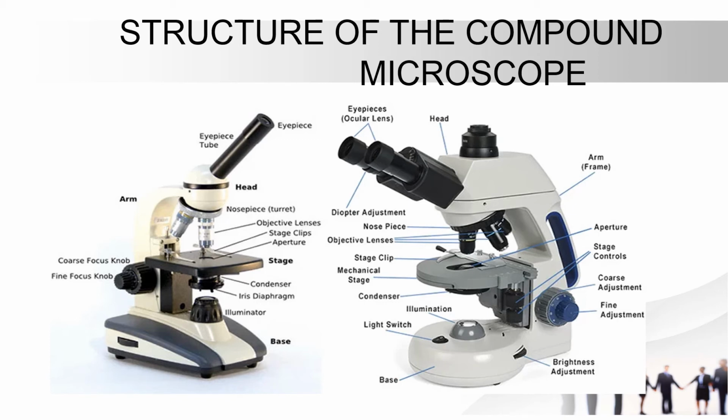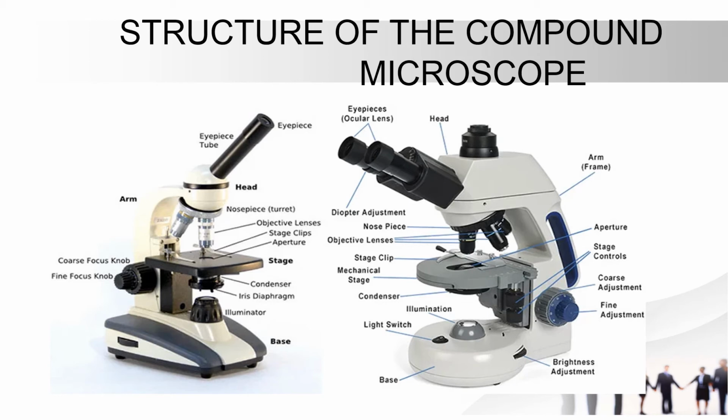So take a look at it carefully first. We are going to group it into two, but first of all you need to know the various parts that it has. The compound microscope has the ocular lens, and from the ocular lens we have the diopter adjustment.